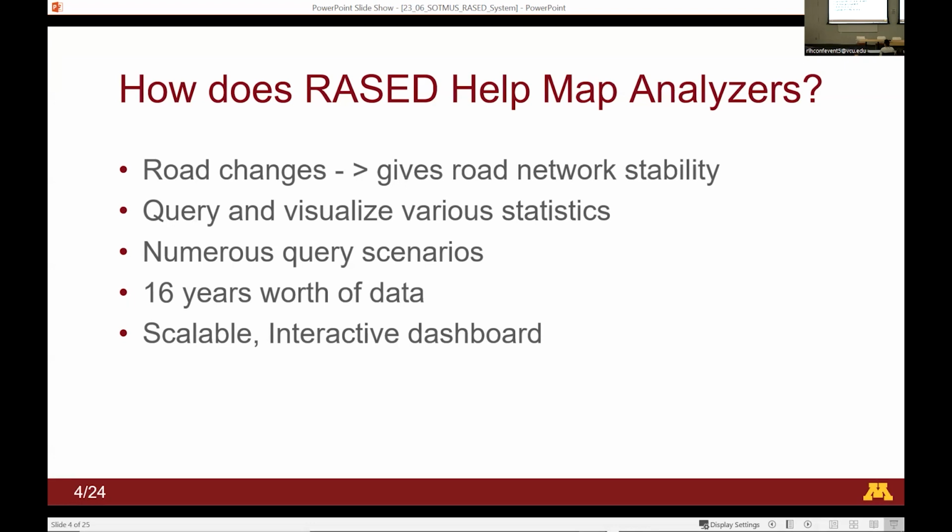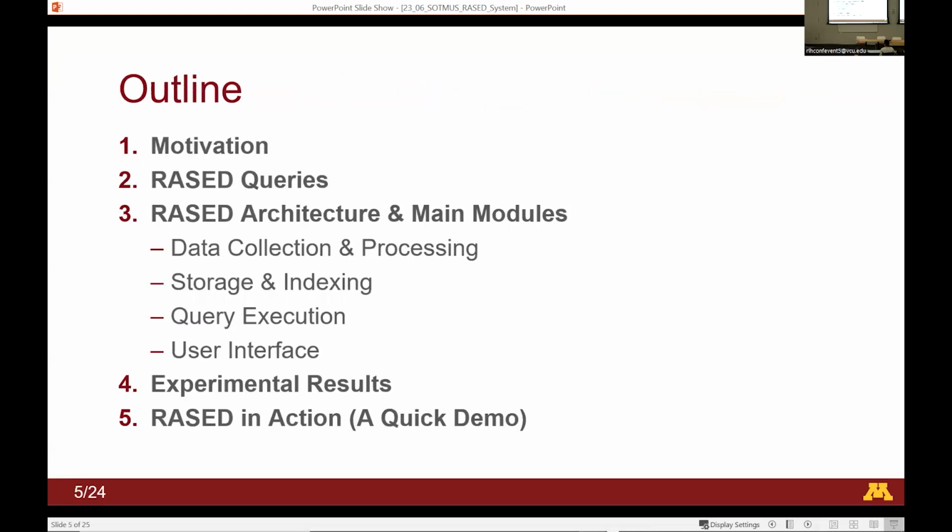So there are numerous query scenarios. RASED supports all the history of OSM data, almost 16 years' worth of data. And all of that is a scalable and interactive dashboard. When I say interactive dashboard, I mean each query, and we'll see examples of them, runs in just milliseconds. So that's a quick motivation.